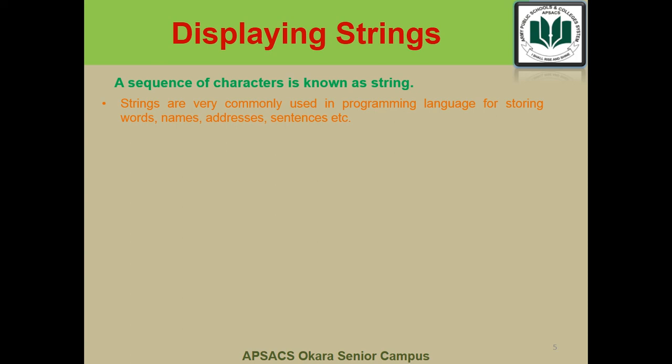Strings are very important and very commonly used in computer programming languages for storing words, names, addresses, sentences, etc. Strings are always enclosed in double quotes, like characters are enclosed in single quotes. Now strings are enclosed in double quotes as "Pakistan". You can see Pakistan is enclosed in double quotation marks.